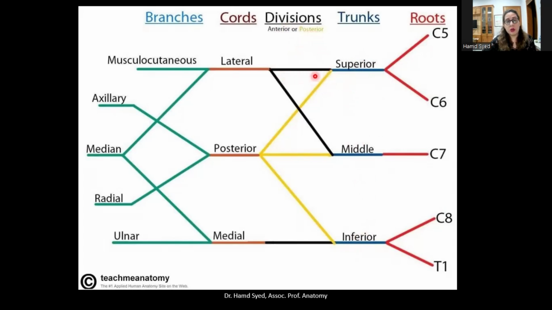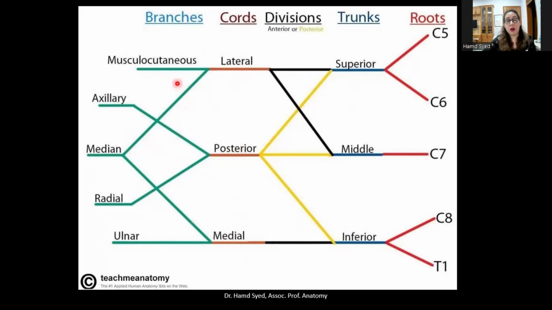So you can see over here, the anterior divisions of the superior and middle trunks will unite to form the lateral cord of the brachial plexus, whereas the posterior divisions of all three trunks will unite to form the posterior cord of the brachial plexus. You can see the anterior division of the inferior trunk will continue as the medial cord of the brachial plexus. So here are now the three cords of the brachial plexus. These cords are now going to give rise to the major branches of the brachial plexus.